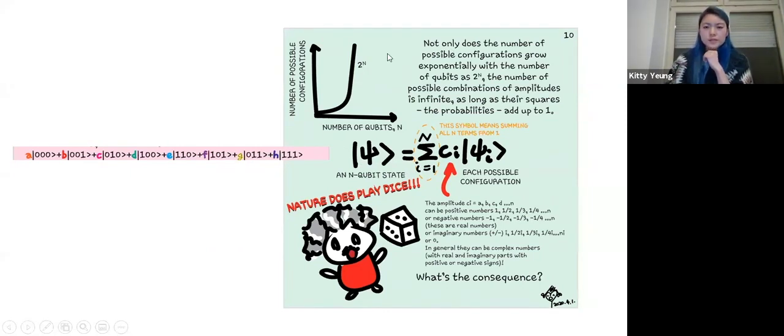Here we see that the number of configurations scales with the number of qubits as 2 to the n, but also there are infinite numbers of possibilities for these amplitudes.